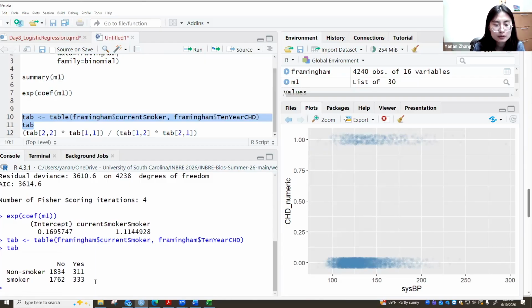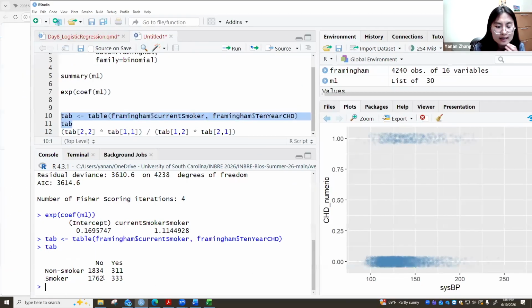All right. Now, remember when I said make sure we have the right format, the right setup for this 2x2 table. Because here, if we think smoker is the non-reference group and non-smoker is the reference group, our little 2x2 table shouldn't be this way.